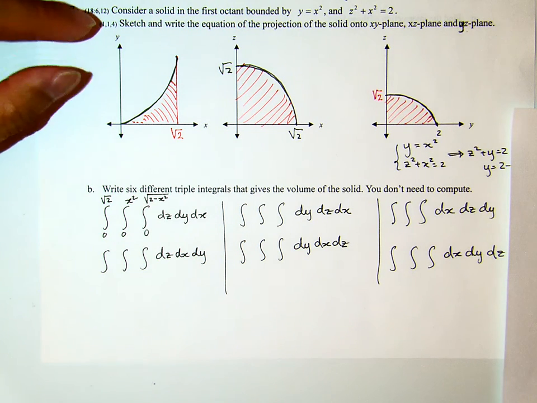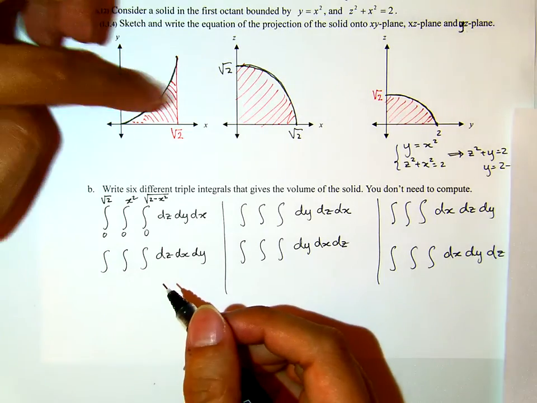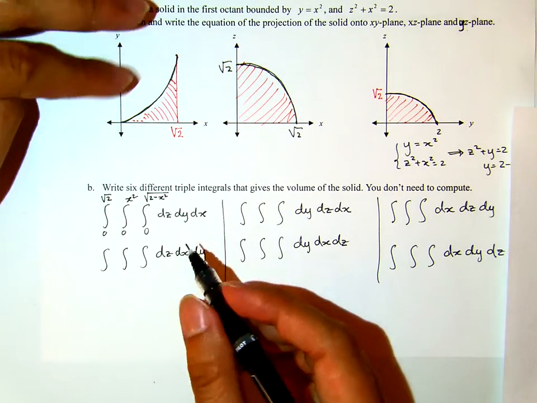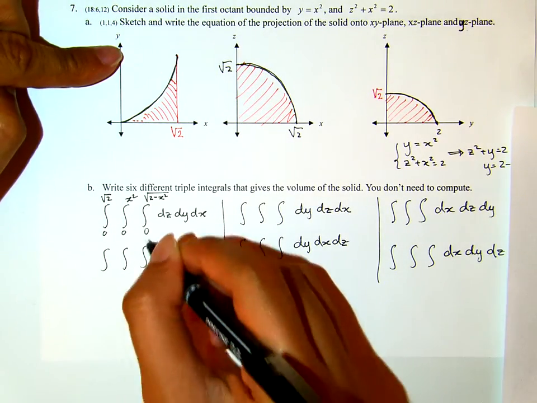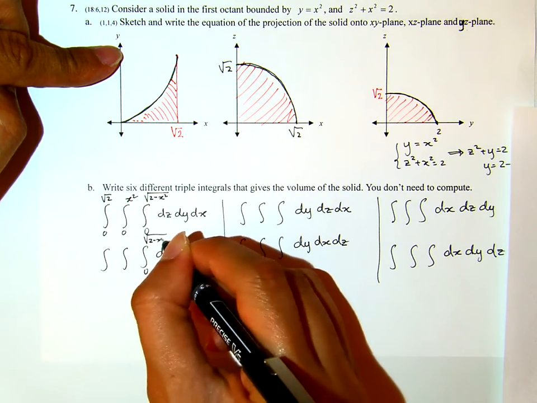Is it okay? Now for the second one, we basically reverse the ordering there, but the dz will be the same, 0 to square root of 2 minus x squared.